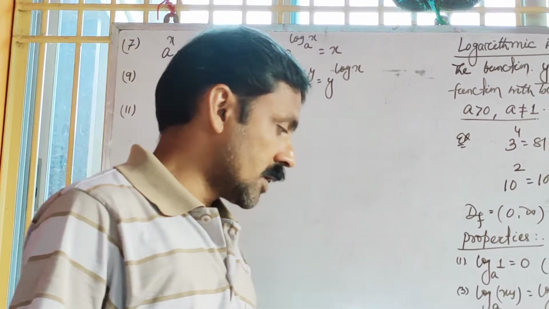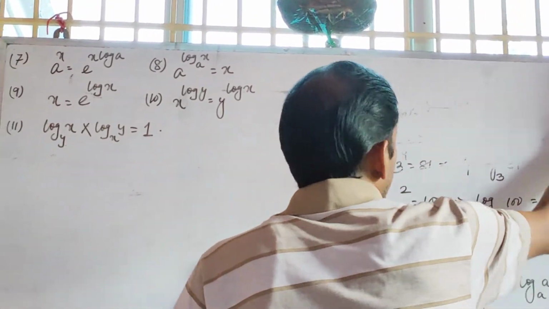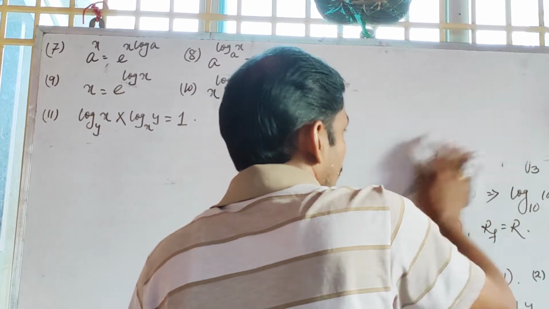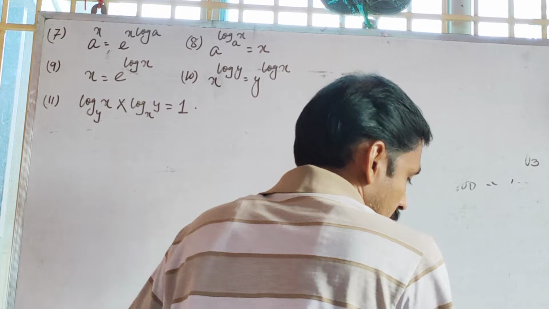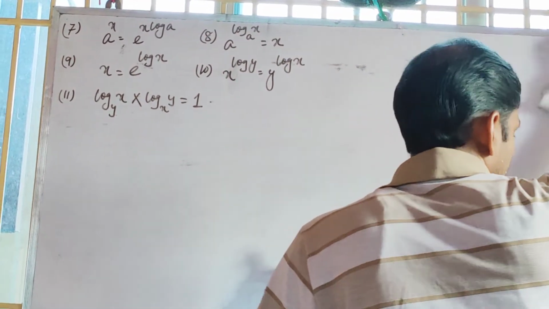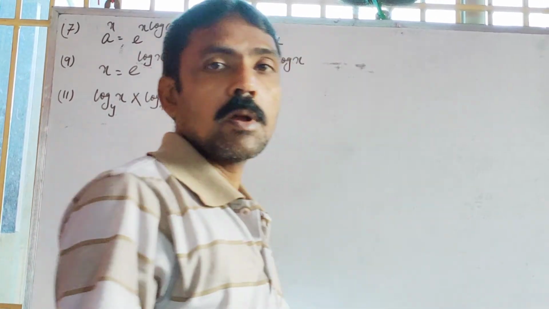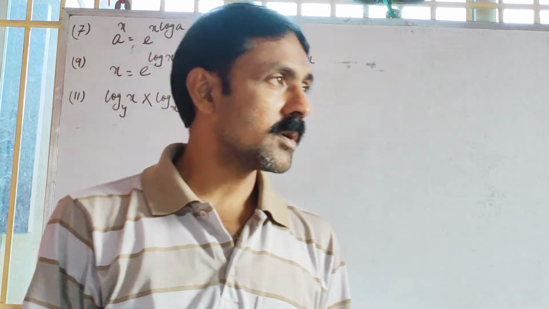As I told you, in continuity we require limit, and in class 11 we have discussed how to evaluate limit. Mainly there are how many methods? One is the direct method, which was used only for polynomial function.